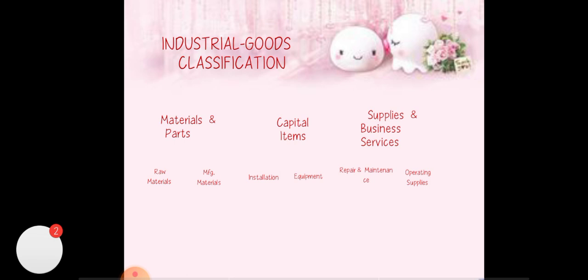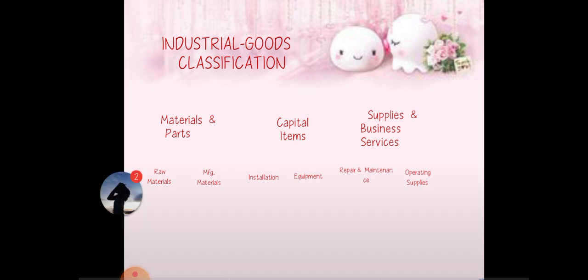Equipment in case of industrial service will be the computers, hardware, design equipment, printers, copiers, and among others. All these are equipments which are assets. They have a short span of life when compared to installations, but as compared to the lifespan of a normal operating supply, such as a paper or a pen, they have a longer lifespan.